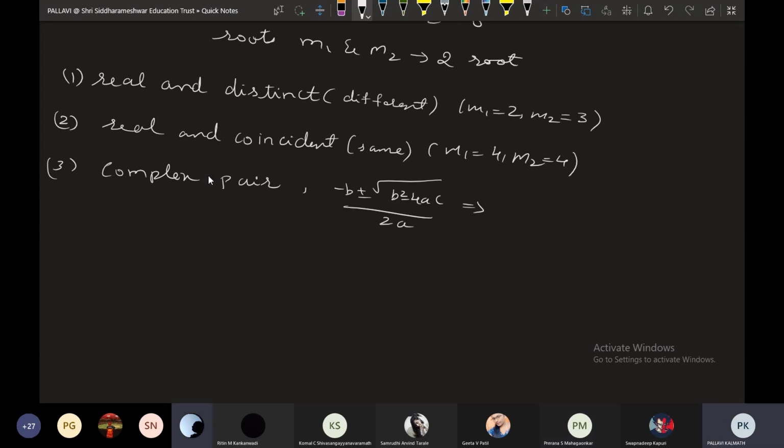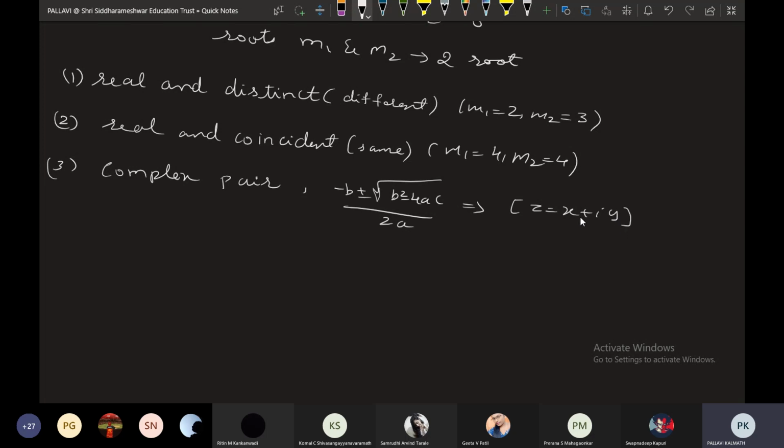Yes, ma'am. When under the root you get a negative number. Under the square root, if you get a negative number, that is an imaginary number. So what is a complex pair? Complex numbers: z is equal to x plus iy.